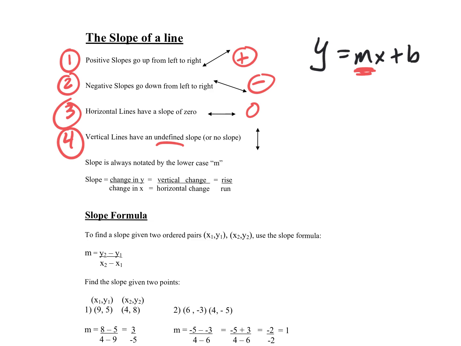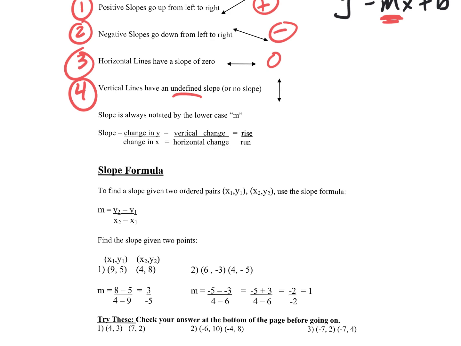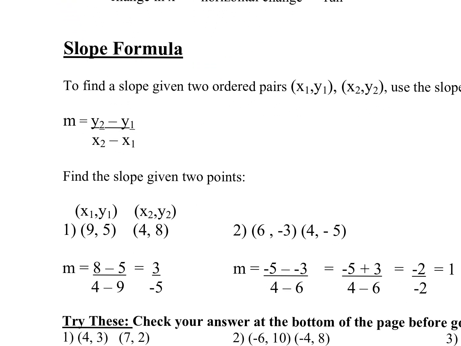How do we calculate it? Well, we're going to use this formula right here. M equals y2 minus y1 over x2 minus x1. What's with all the subscripted numbers? Well, it's just labeling. So if I have two coordinates, 9, 5, for example, and 4, 8, I'm going to label these two points like this.